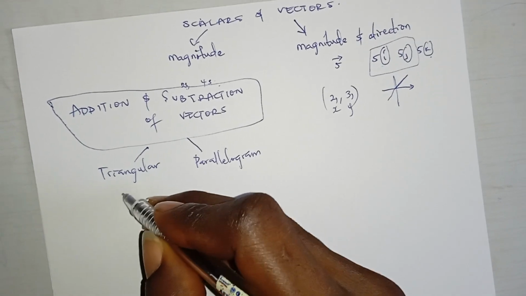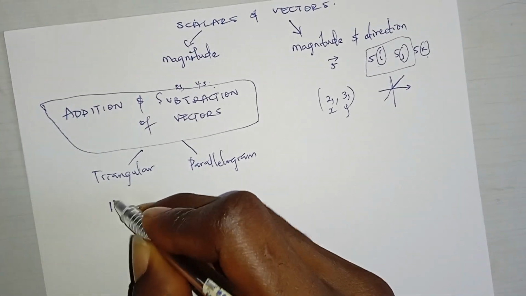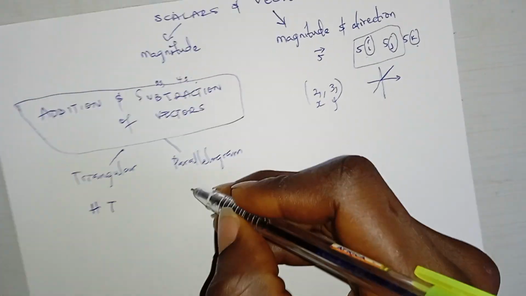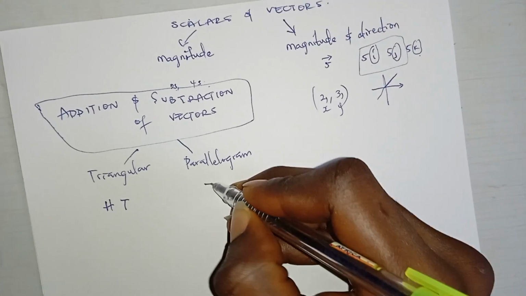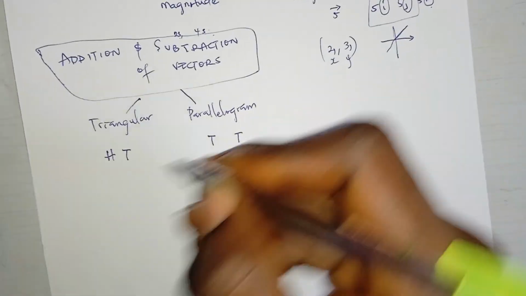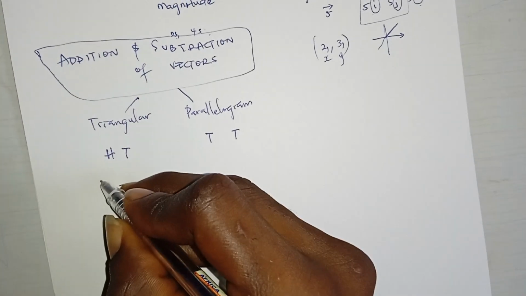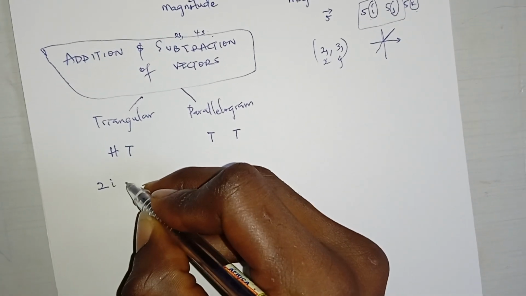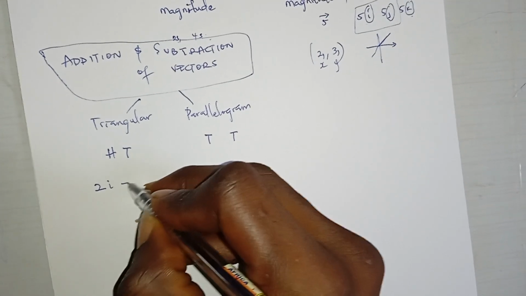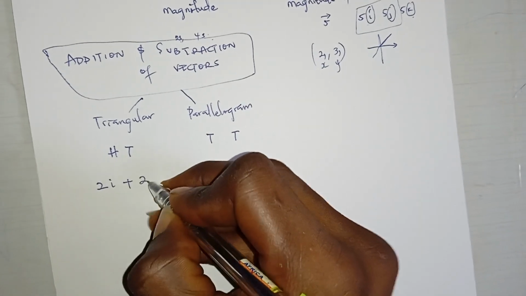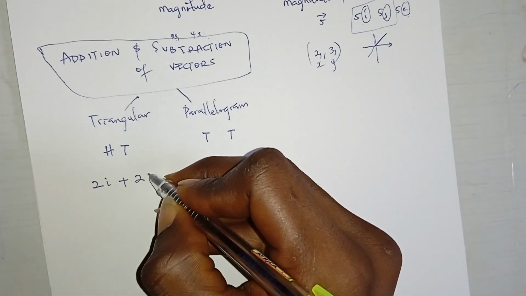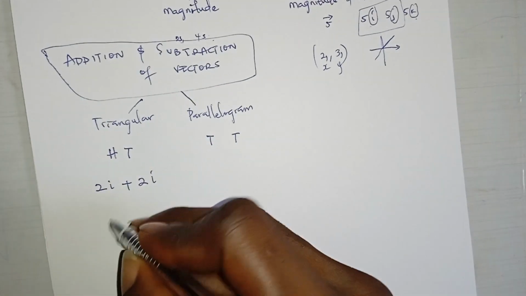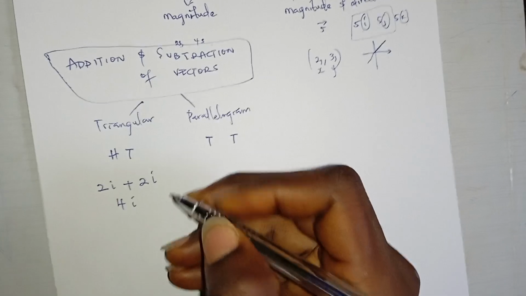Now, when we are talking about triangular law, we are talking about head and tail. And when we are talking about parallelogram law, we are talking about tail and tail. So if, for example, I'm given to add 2i plus 2i, it simply means that I have 4i.